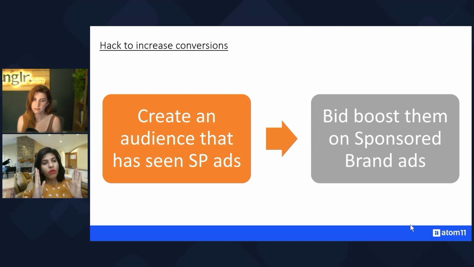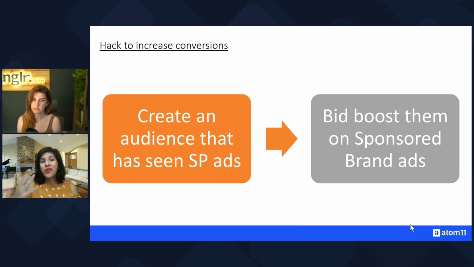Once the audience is created, you will go to your sponsored brand ads and bid boost that specific audience. You can say, boost that audience bid by 50%. So when someone is looking at your sponsored brand ads, if that audience has already seen your sponsored product ad, you will be increasing your bid for that specific audience.